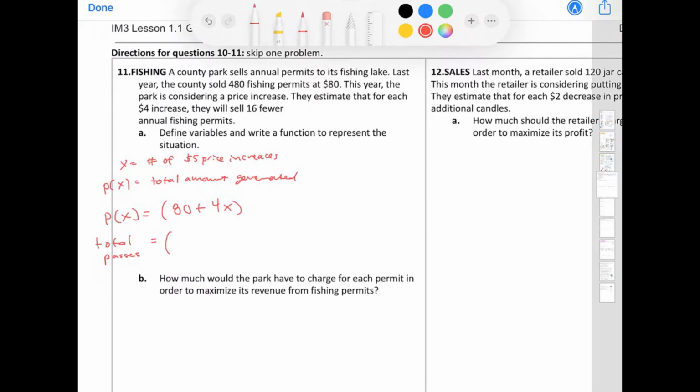So we have 480 fishing permits, and 16 fewer is minus 16x.